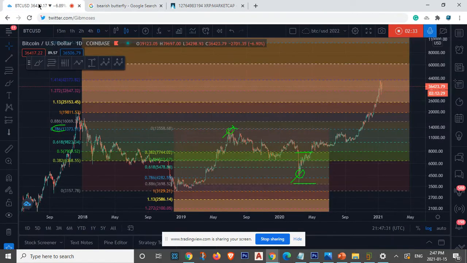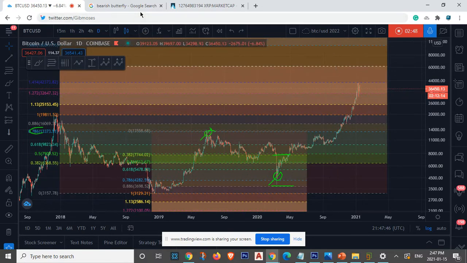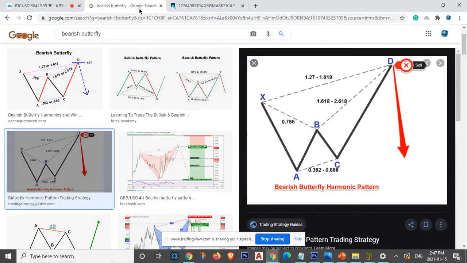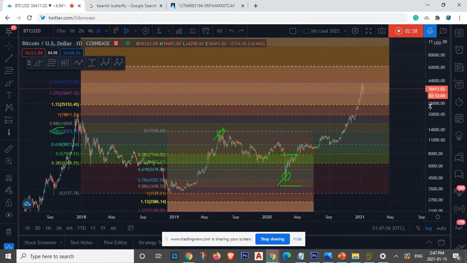But since Bitcoin is going parabolic, with so much demand and hype, there's a likely chance of that. However, as a trader, it's good to know what's around the corner, because this might play out if there's not much demand up here. So where is this D point?